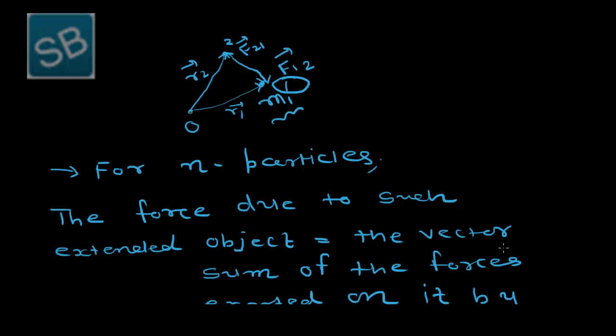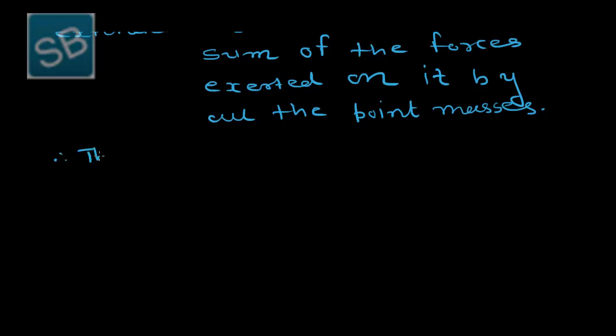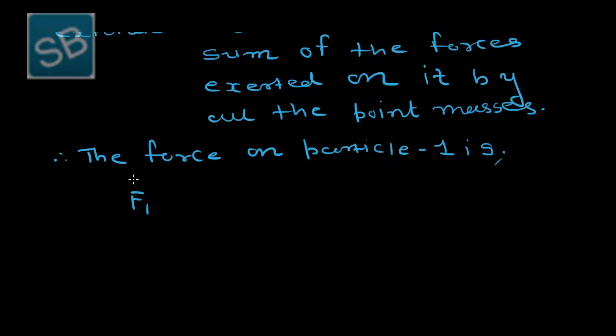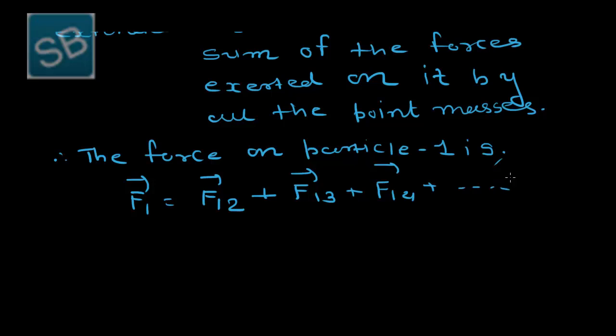Thus, the force on particle 1 is given by F1, the force exerted on particle 1 by particle 2, similarly by particle 3, by particle 4, plus so on, extending till the number of particles.